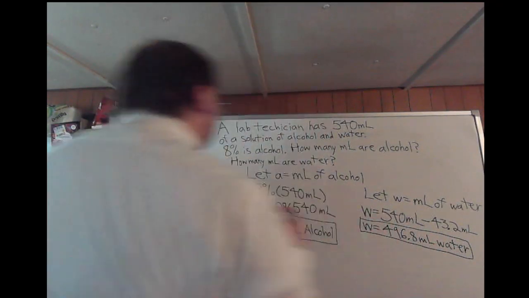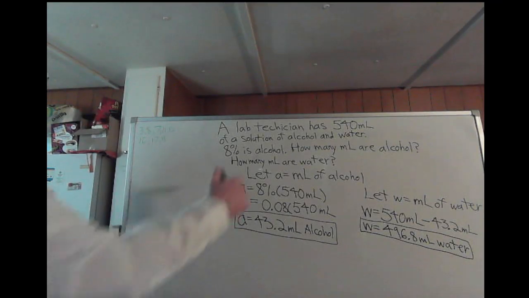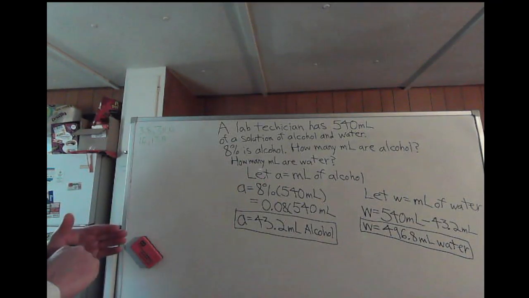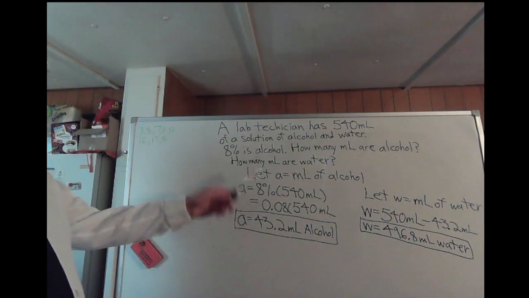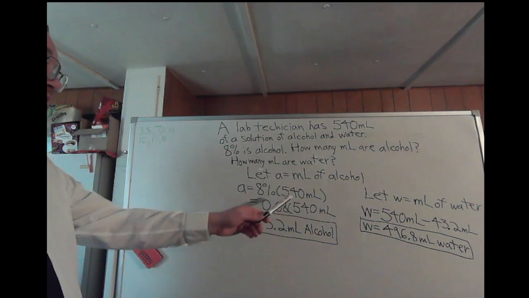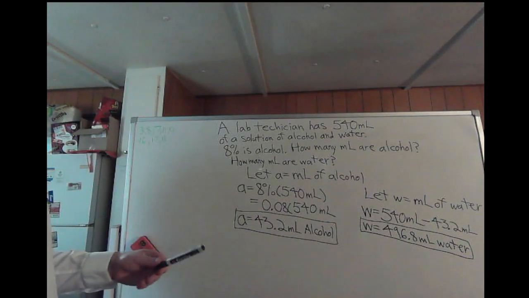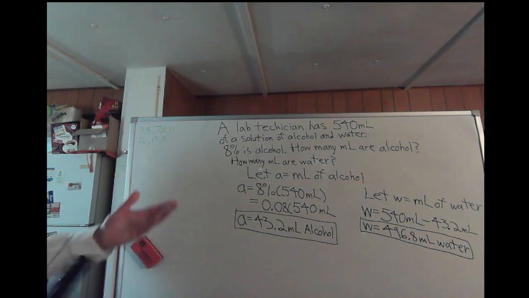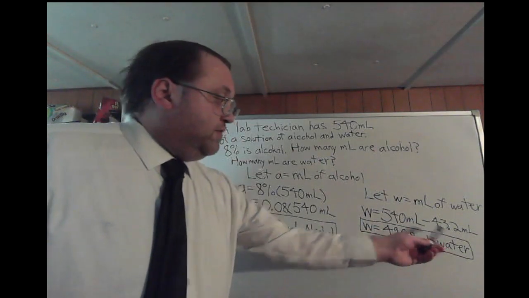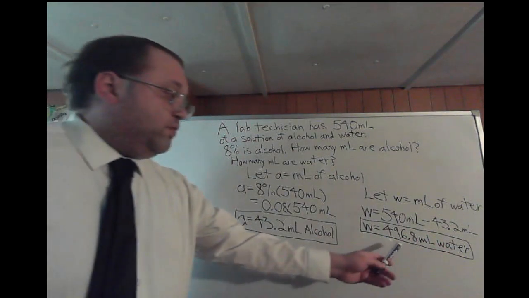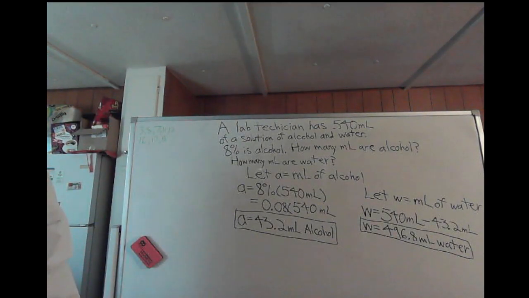Alright, so again, first thing you did, translate this into a math sentence. Use the let statement. Let A equal your milliliters of alcohol. The milliliters of alcohol, that's 8% of the 540 milliliters. We got 43.2 milliliters. To figure out the rest of it, the water content, you just subtract the amount of alcohol from the total of the solution. You got 496.8 milliliters of water. And that's really all there was to it.